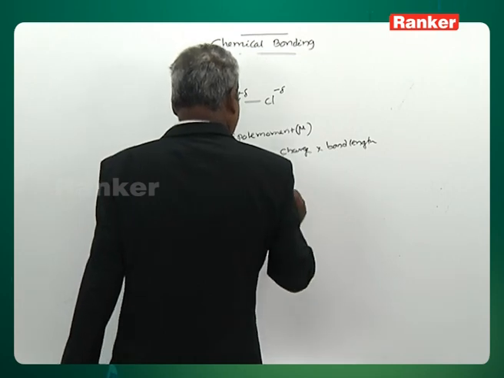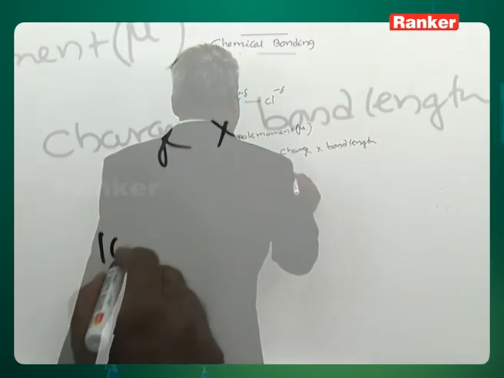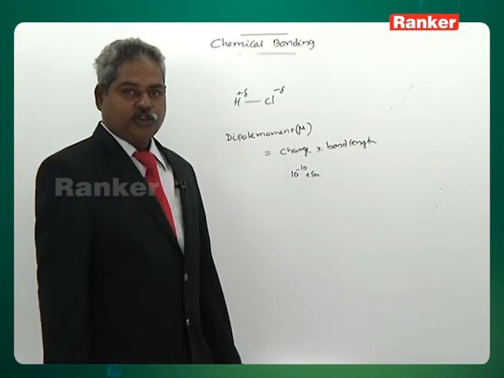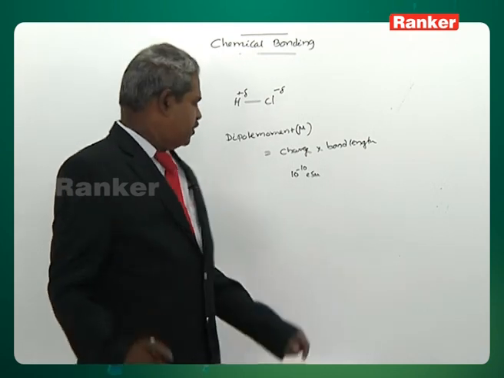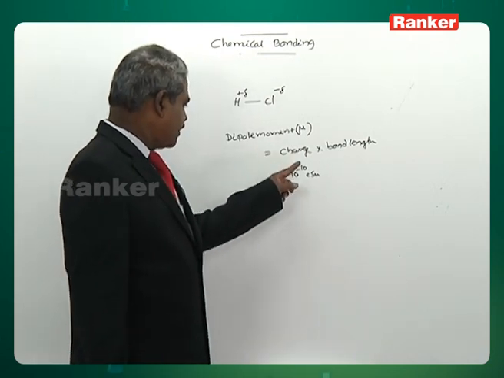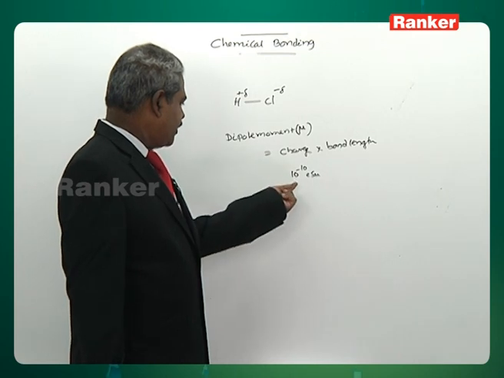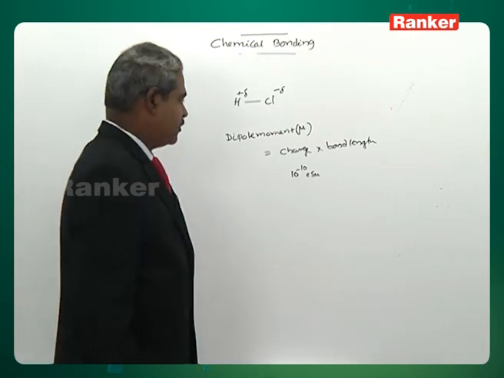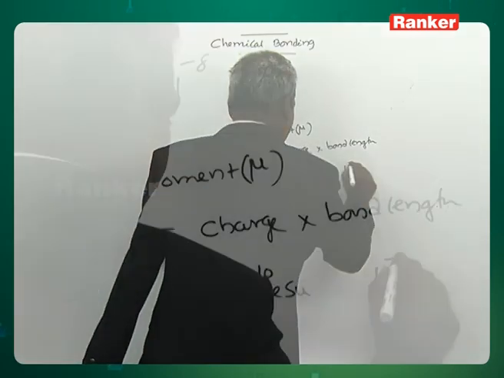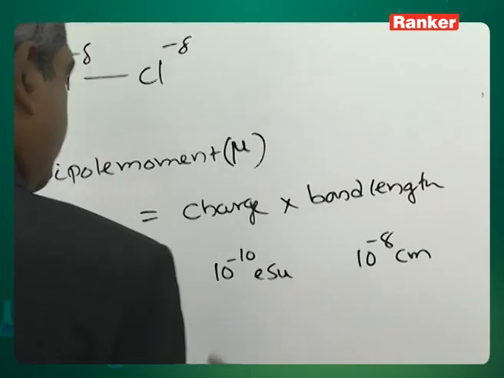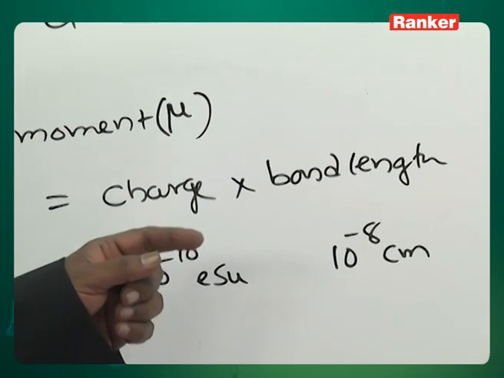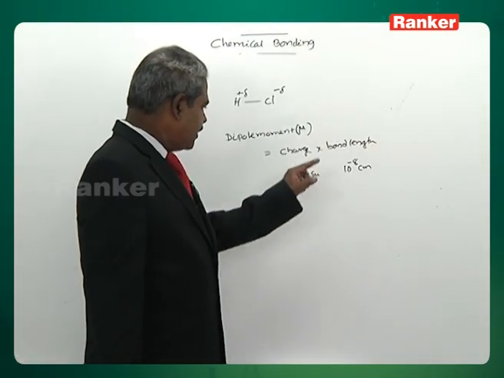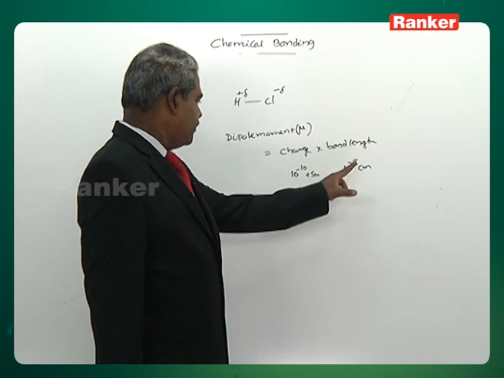Charge is of the order 10 power minus 10 electrostatic units, that is, 4.8 into 10 power minus 10 electrostatic units. And bond lengths are usually measured in angstrom. They are of the order 10 power minus 8 centimeters. It can be 1 angstrom, 2 angstrom, 1.4 angstrom, depending on the bond. But angstrom means 10 power minus 8 centimeters.